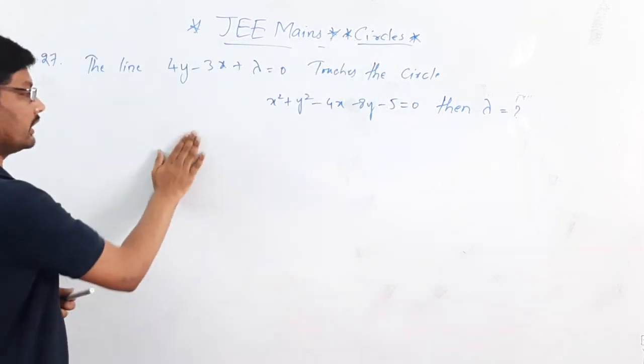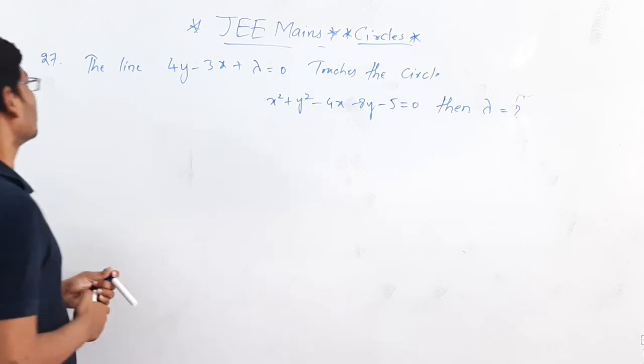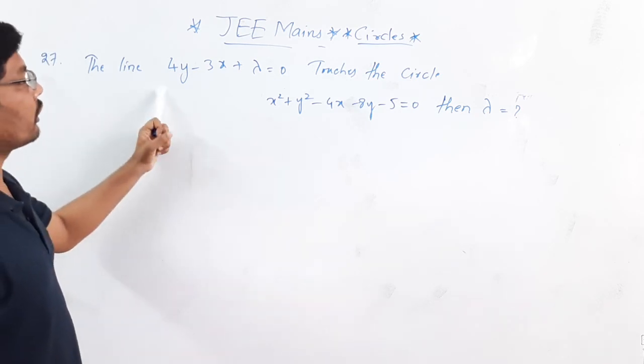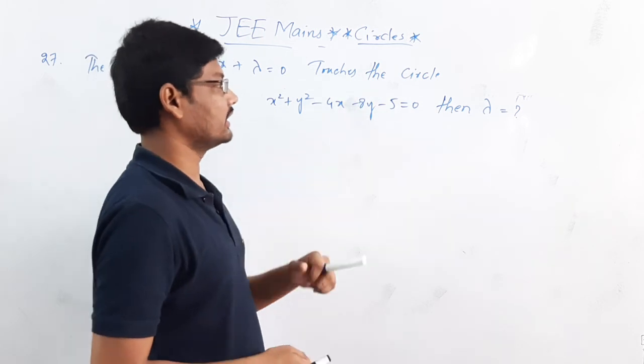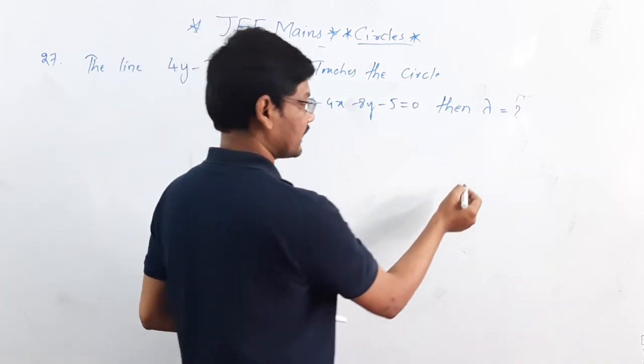Here first we need to understand the question. The line touches the circle. He has given one circle.